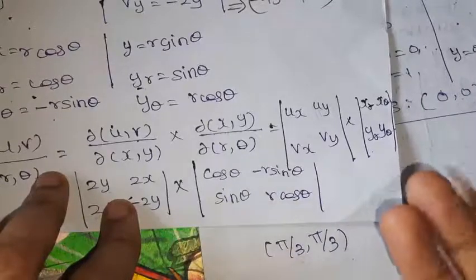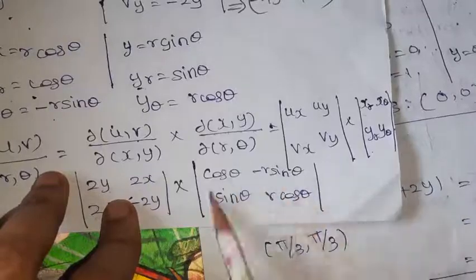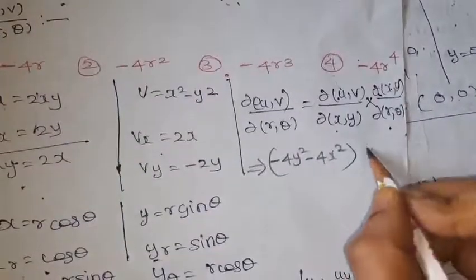When taking r as common, cos square plus sin square gives 1. So by simplifying the determinant, we will get only r.